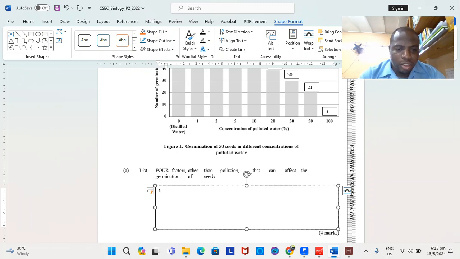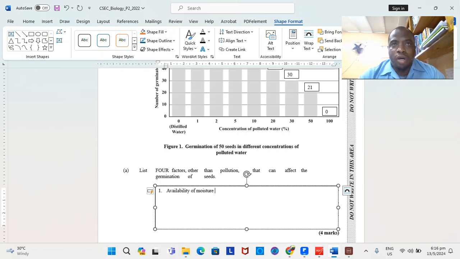Sometimes in biology, students may want to use the word water, but I would want to say moisture. So the availability of moisture is one factor. So not just to say moisture or water, it's the fact that it's available, right?